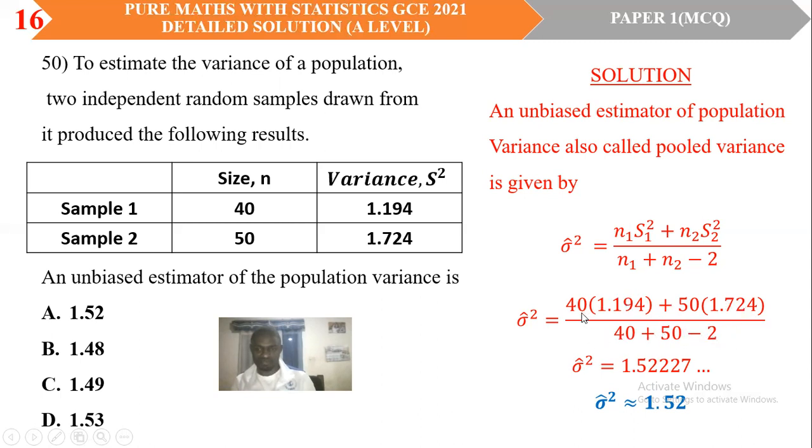Using a calculator to simplify this, we have sigma cap squared equal to 1.52227 continuing, giving sigma cap squared to be approximately 1.52 to 2 decimal places. Answer A. So please, we have come to the end of this statistics revision past question of 2021.